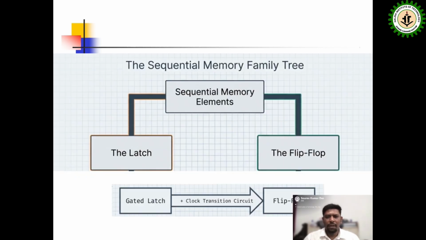Now, sequential memory. I already told you that a flip-flop is a storing device, a memory device that stores one bit of data, 0 or 1.